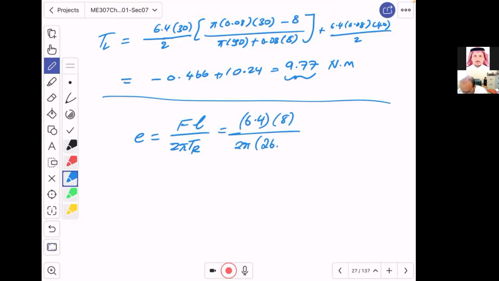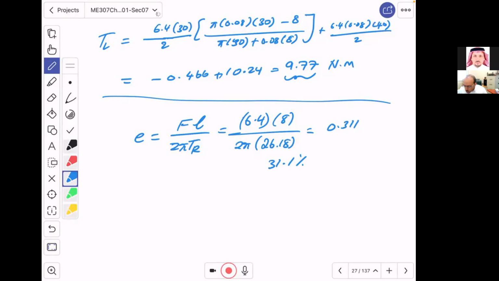How much do we get? 0.311, which is 31.1%. That's the only efficiency that you can get. Okay, now the question says to find the body stresses, torsional and compression. What does body stresses mean?